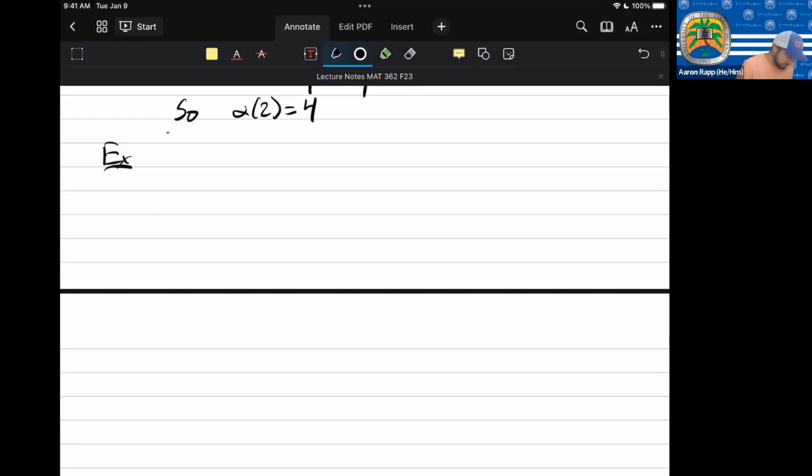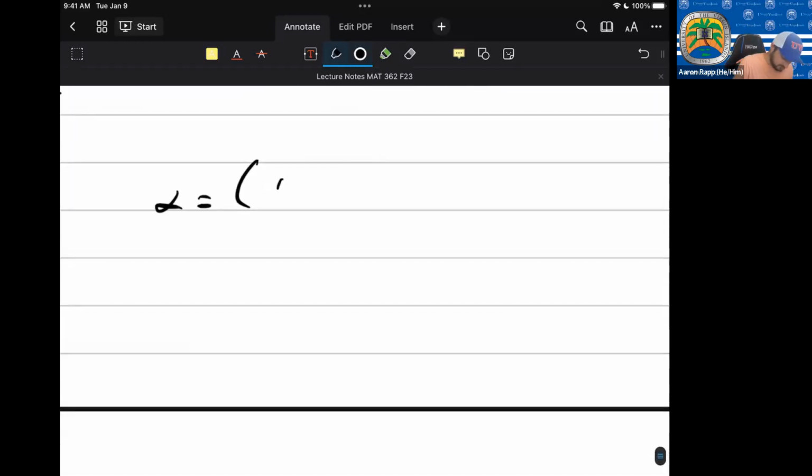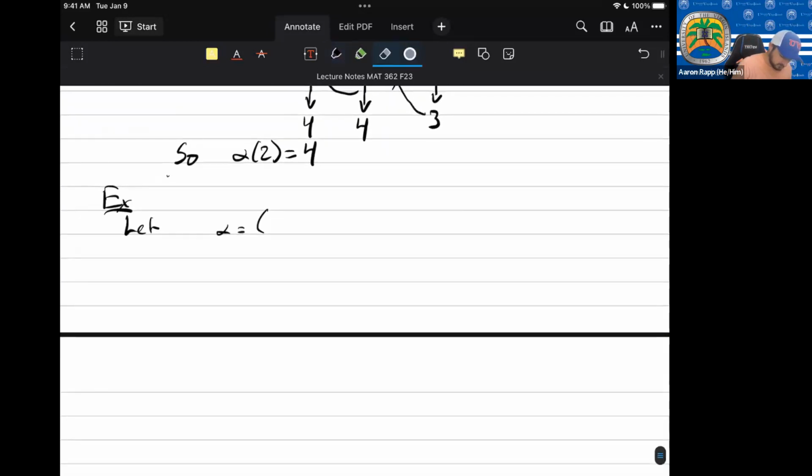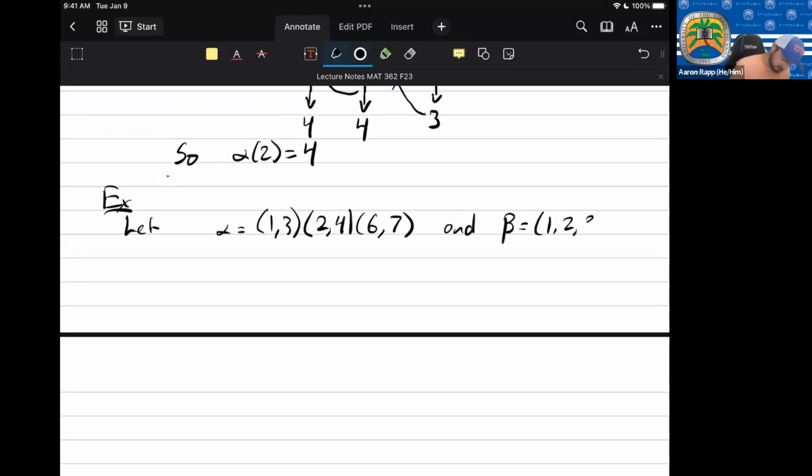So we're going to let alpha be the cycle 1, 3, the cycle 2, 4, and the cycle 6, 7. And we're going to let beta be the cycle 1, 2, 3.